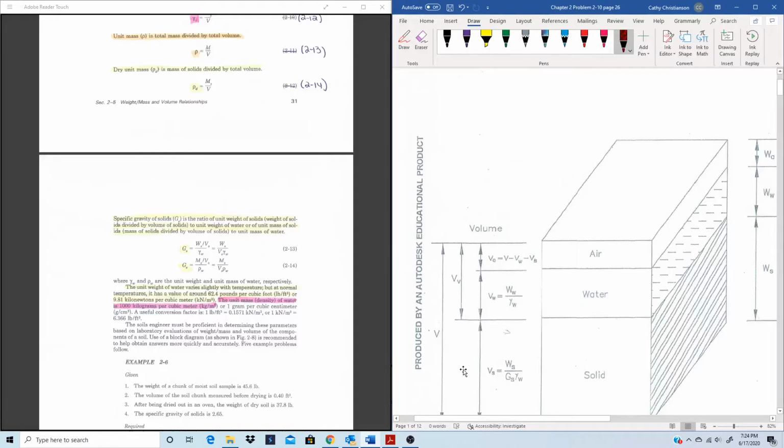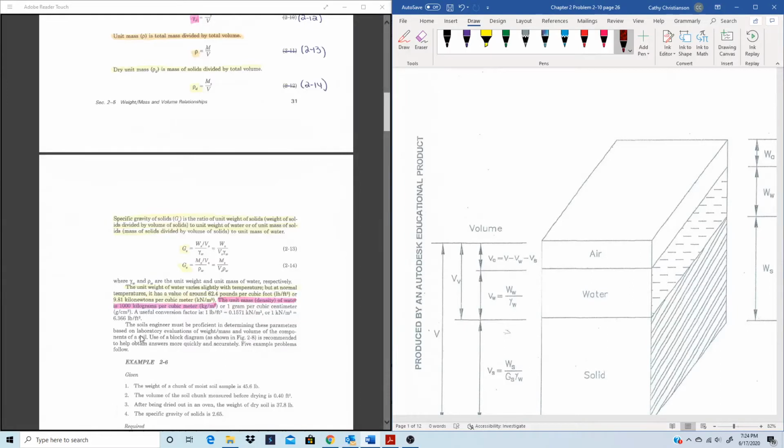In other words, it's rearranged if you're solving for the specific gravity. It's just this formula rearranged, but it's one that I like.